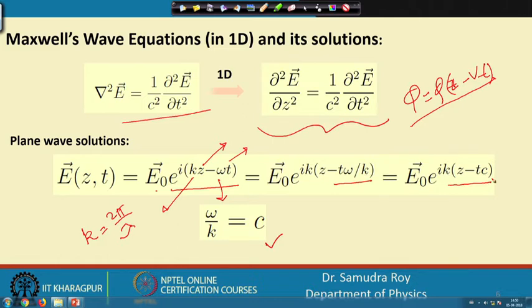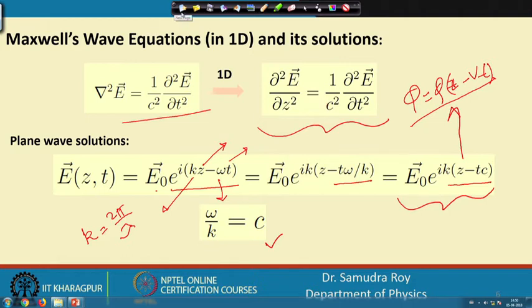You can see that this function E(z, t) can be represented as a function of z minus ct. If you compare that, you will find both are the same. That means this particular expression should be a solution of our Maxwell's equation.